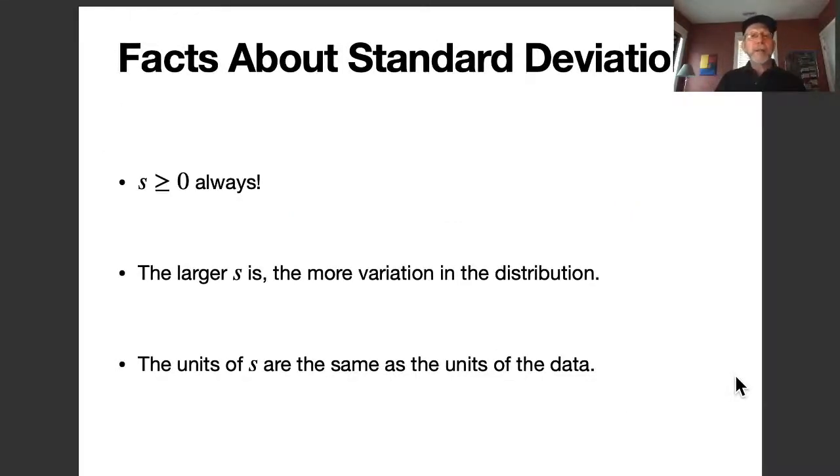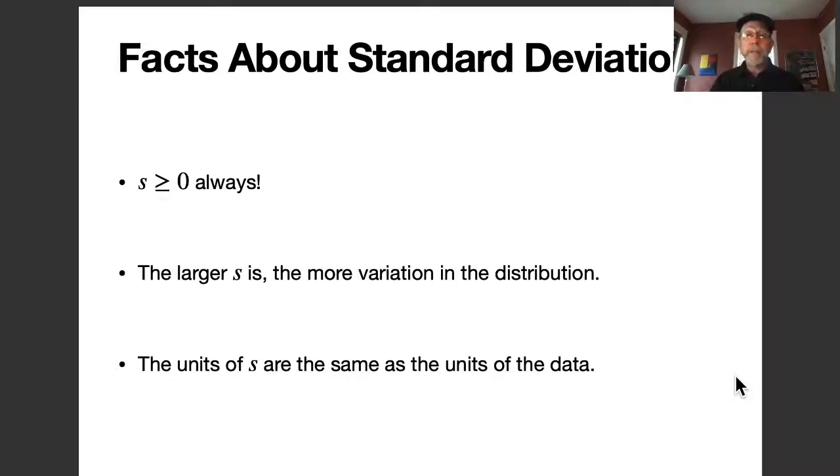So a few facts about standard deviation. We always denote it by S, and S is always greater than or equal to 0. That's coming from the squaring, right? That got rid of all the negative signs, and then you start averaging. That's still never going to turn anything negative. The larger S is, the more variation there is in the data. And if S turned out to be 0, that would mean there's no variation in the data.